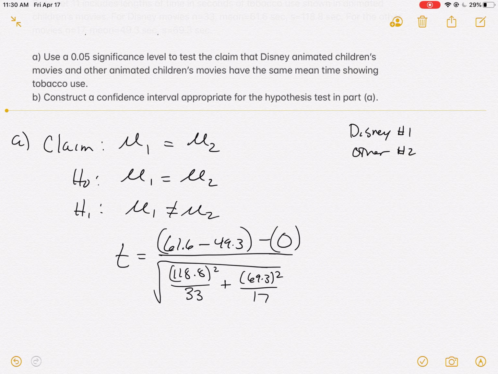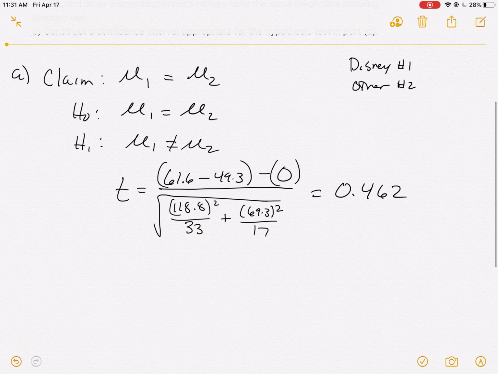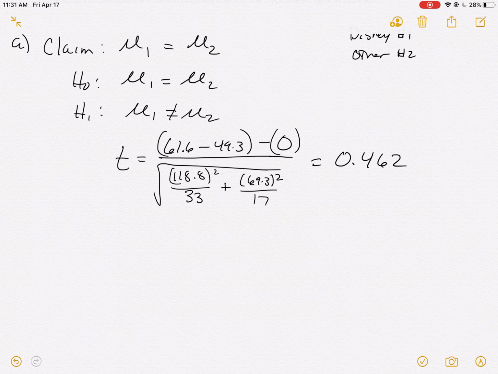And we're going to get a t value that is relatively small, 0.4615, so I'll put 0.462. That's exactly what they have as the answer in the back of the book, and so we're doing great. It's a two-tailed test. We know that because it's not equal to. 0.05 is involved, so we got 0.05 and two tails, right?